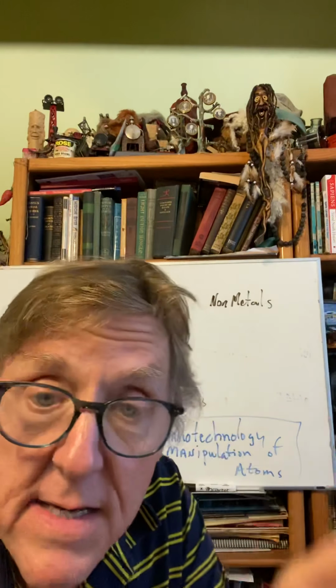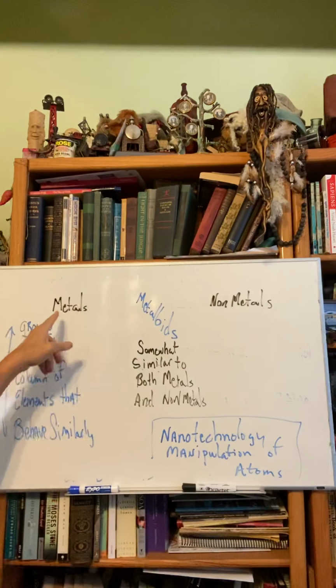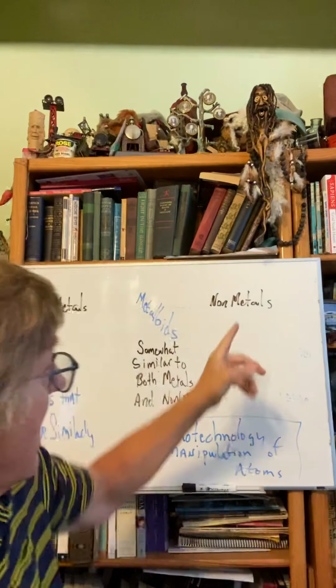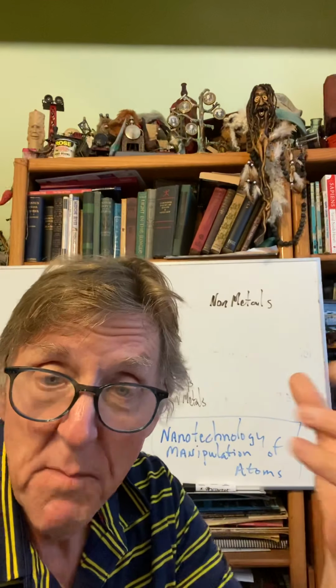But conductivity is one of the major issues. And so when we talk about metals, they are very conductive. They hold their electrons in a manner where they can be released fairly easily. Now, nonmetals are things that do not do that, and so these would be what would be used for insulators.